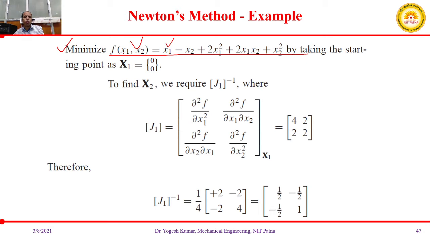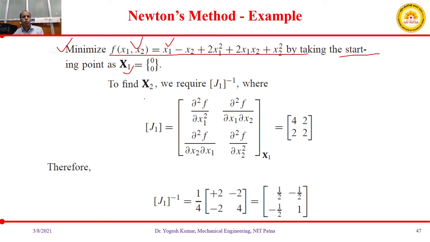We have again the same function, that is f(x1, x2) is equal to x1 minus x2 plus 2x1 square plus 2x1 x2 plus x2 square, right? And we are choosing the same starting point, that is x1 equal to (0, 0).